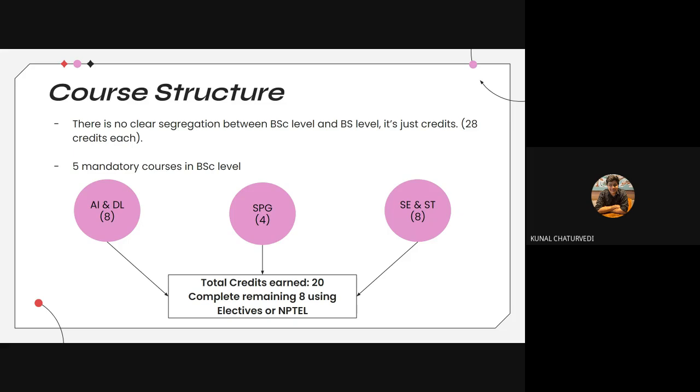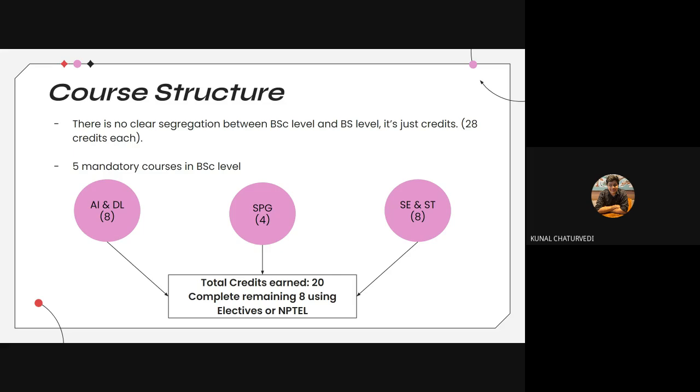And then you have just 8 credits to complete, and these 8 credits can come from two electives or transferring 4 credits from NPTEL technical subjects into BSc level, or along with one elective that can be transferred into your BSc level credits. And then you can complete these 28 credits and then move on to BS level.